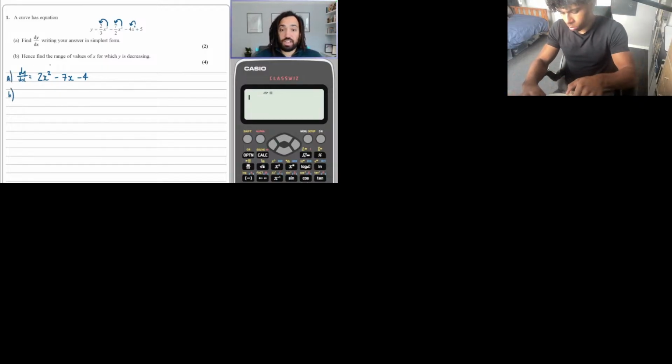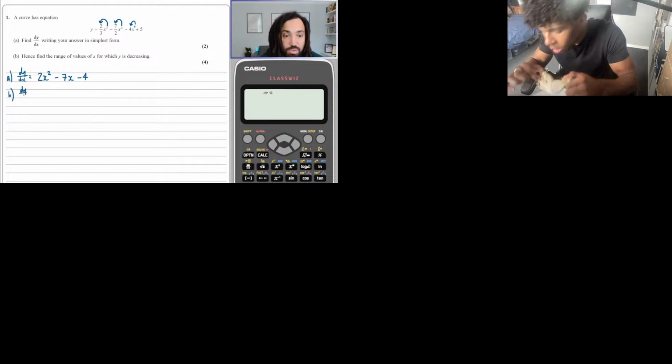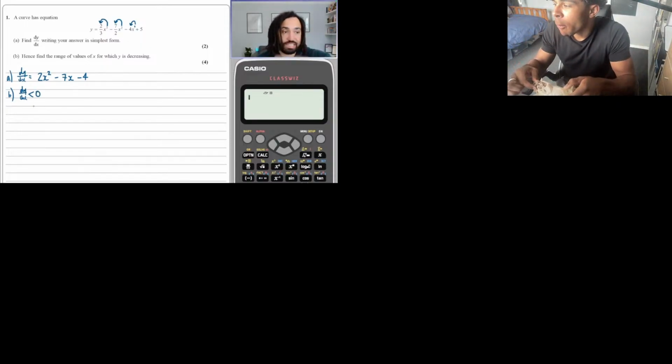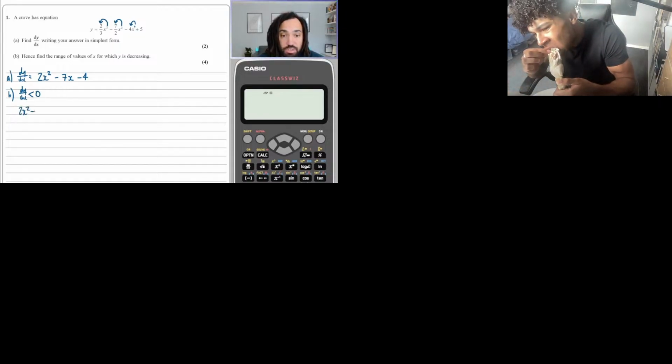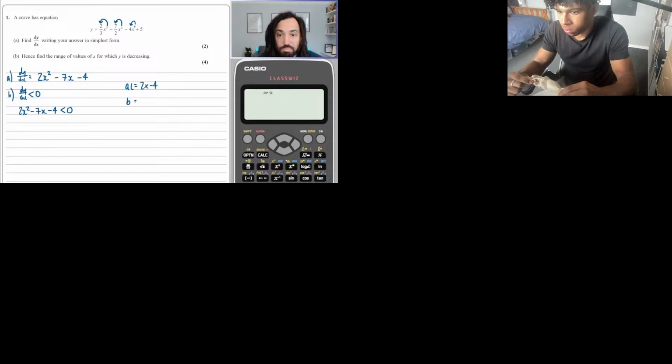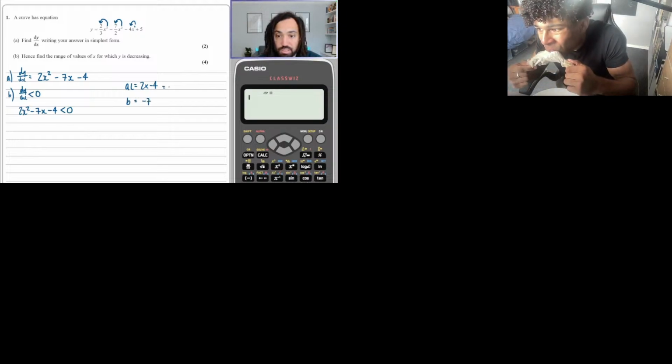Hence, find the range of values for which y is decreasing. So it's decreasing if dy by dx is negative, because it means the gradient is negative, which means that the curve is going downwards. So therefore, we are looking for where 2x squared minus 7x minus 4 is less than 0. And we can factorise that. I'll use the AC method, so 2 times -4, because the A term is 2 and the C term is -4. And the B term is -7.